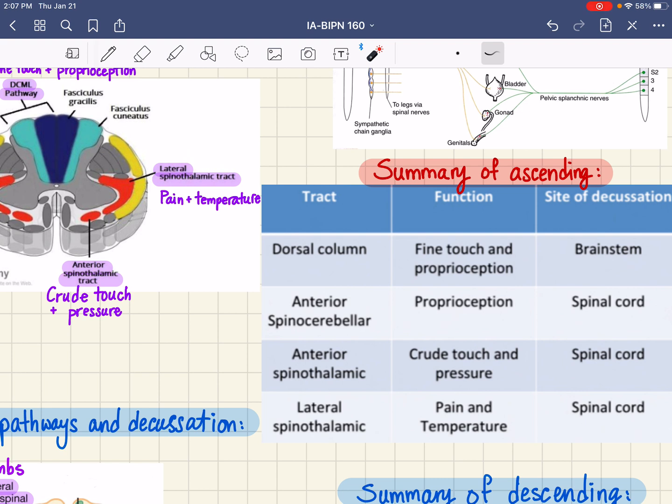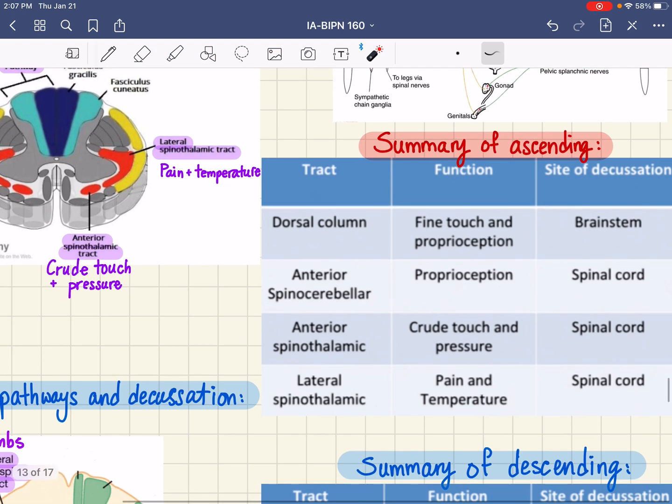To review, decussation means for neurons to change sides. So if one neuron is traveling on the right side, at some point, either in the brainstem or in the spinal cord, it can cross the midline and go to the left side, and that is called decussation.